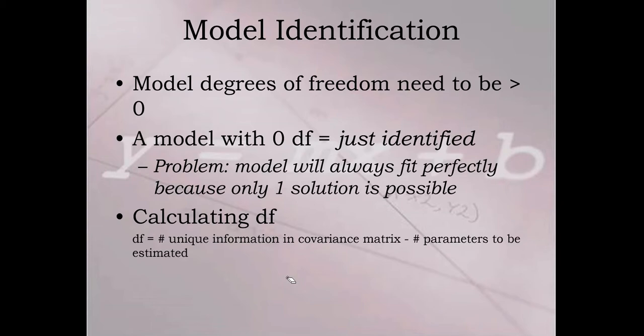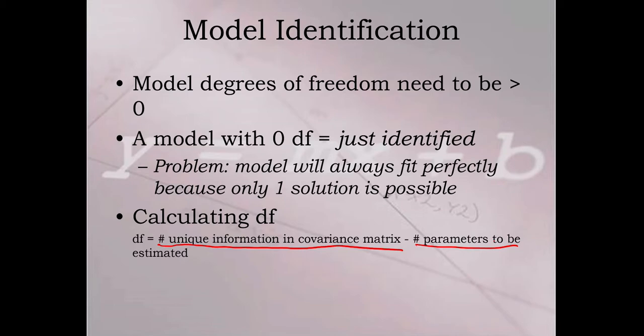To calculate the degrees of freedom for a path analysis, of course, R will do this for you, but it's the number of unique pieces of information in a covariance matrix minus the number of parameters that you are estimating in your model.